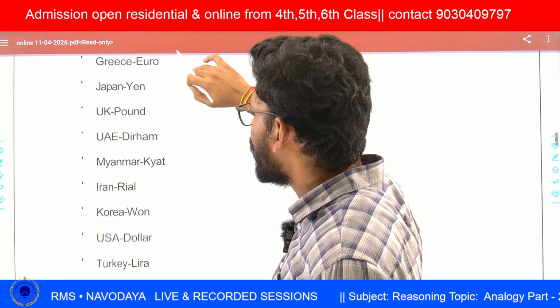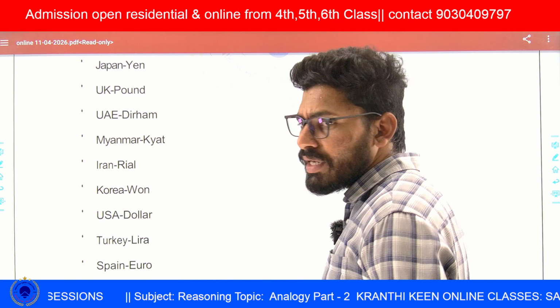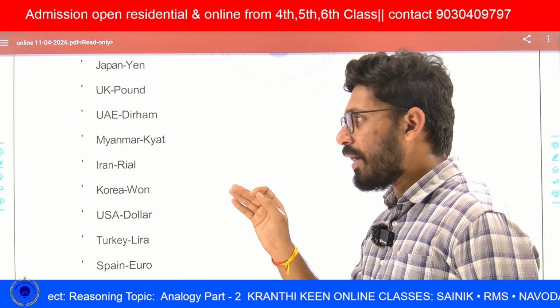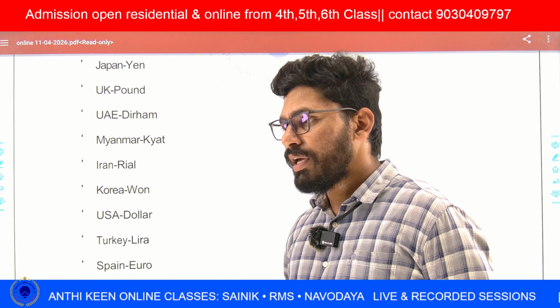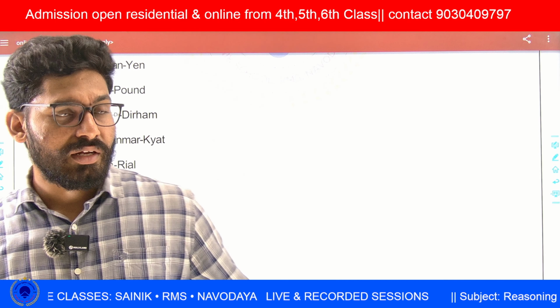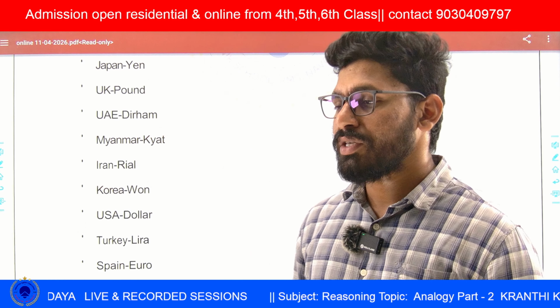Next, see this. These are some important ones: UK, pound. So we took some countries, and I think these are important, so that is the reason we are learning this. He might ask which country's currency it is, and based on the relationship we will observe and solve the question. Let's learn this: UK, pound.